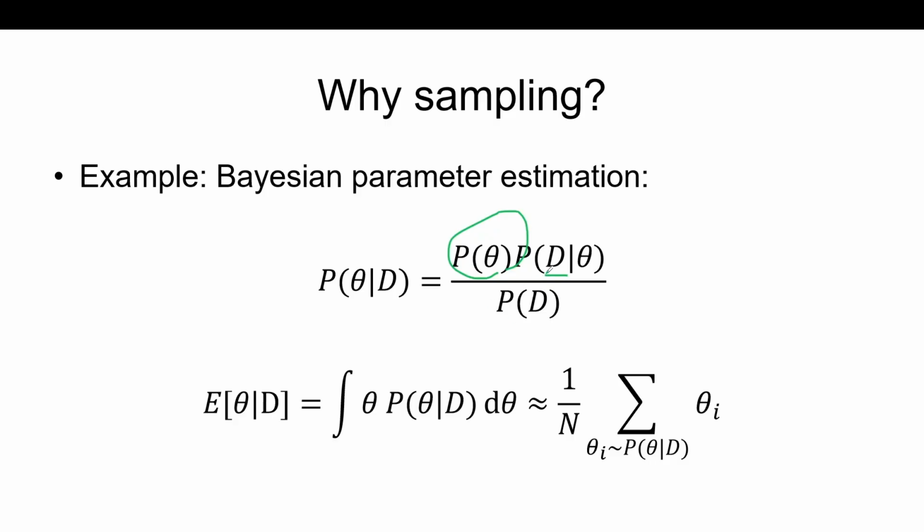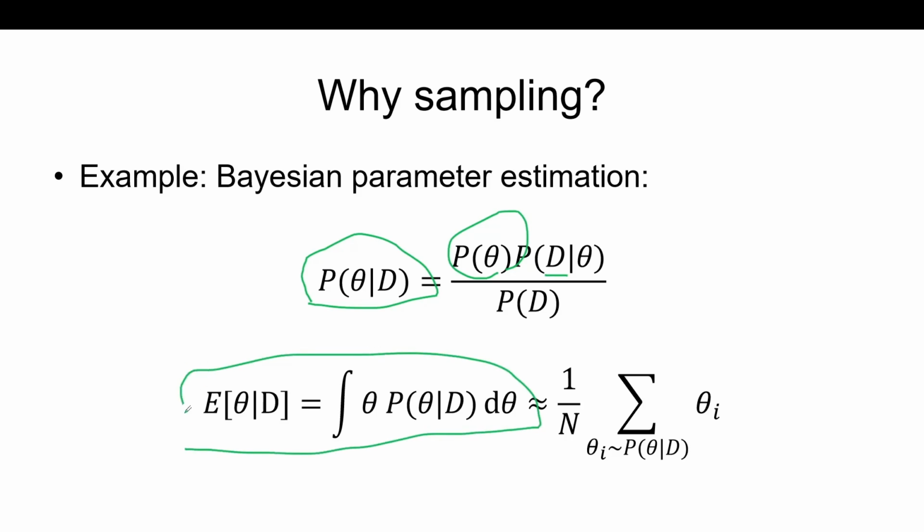Given data d, we can compute the posterior probability for theta, which is p(theta | d). If we want to get the expectation value of theta given d, then we need to compute this integral. So it's basically calculating the integral of theta under this posterior distribution.